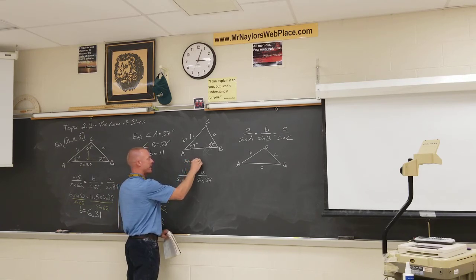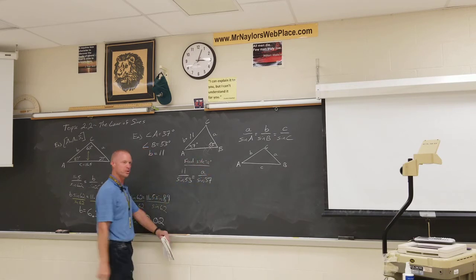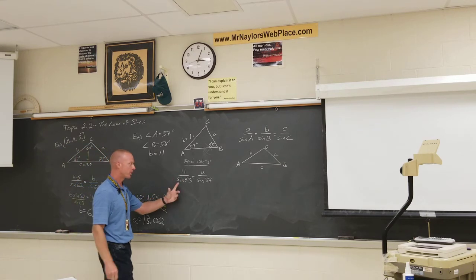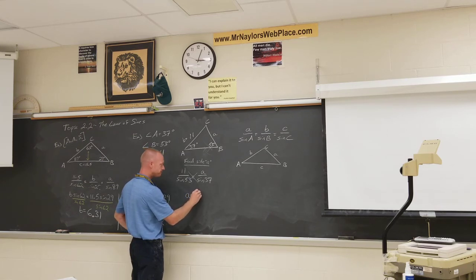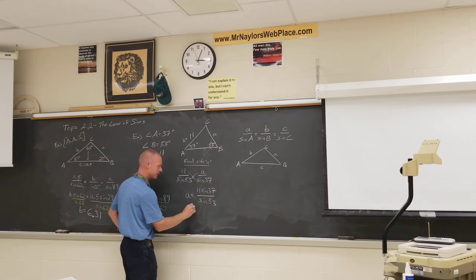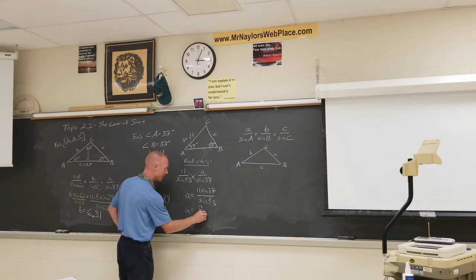So we have side A, in other words, just one nice little proportion, if it's easier for you to see it with just one. Again, same thing, you're going to cross multiply, and you're going to be able to get your A value. It's going to come out to be 11 times the sine of 37, divided by the sine of 53. Make sure you get that in your calculator. Looks like that side A comes out to be 8.29.